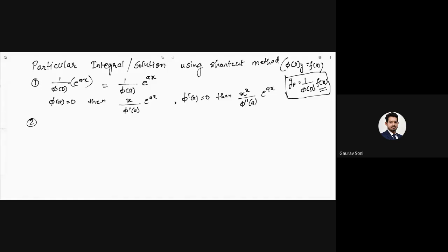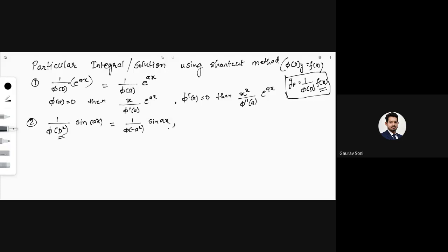The second case that we saw was 1 upon phi of D square, sine of ax. In this case, we replace D square, so that will become 1 upon phi of minus a square, sine of ax.